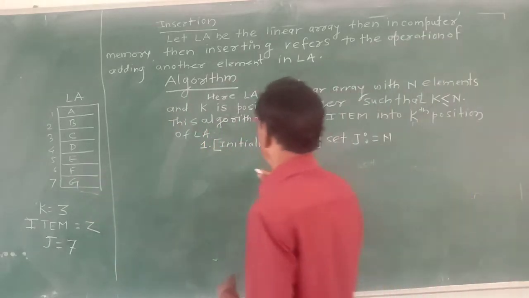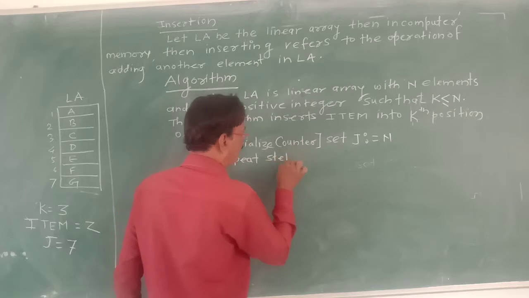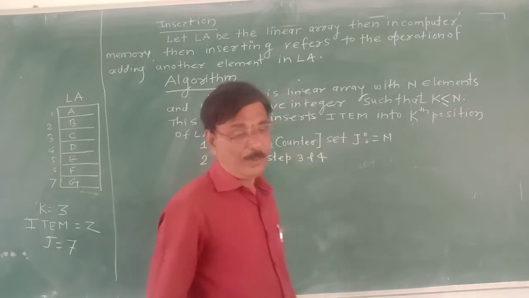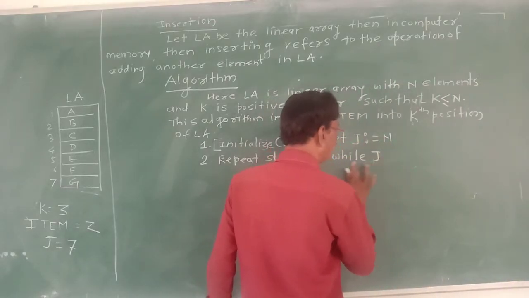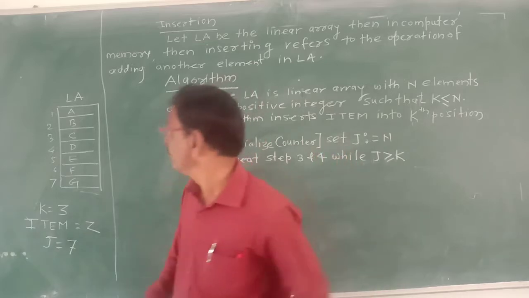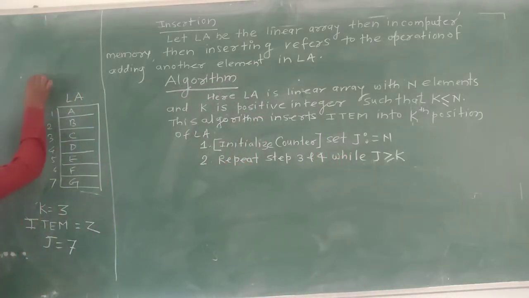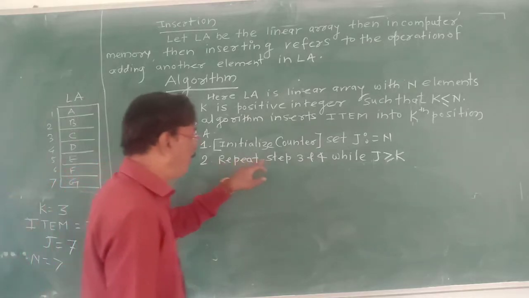So repeat steps 3 and 4 while J is greater than or equal to K. Here we know that N is 7, so J is equal to 7.